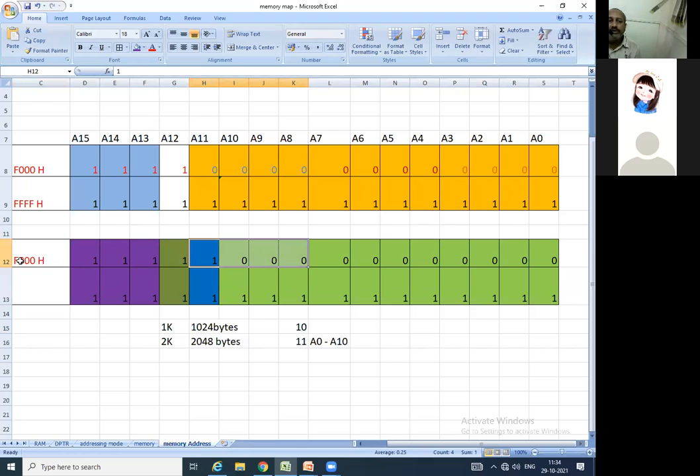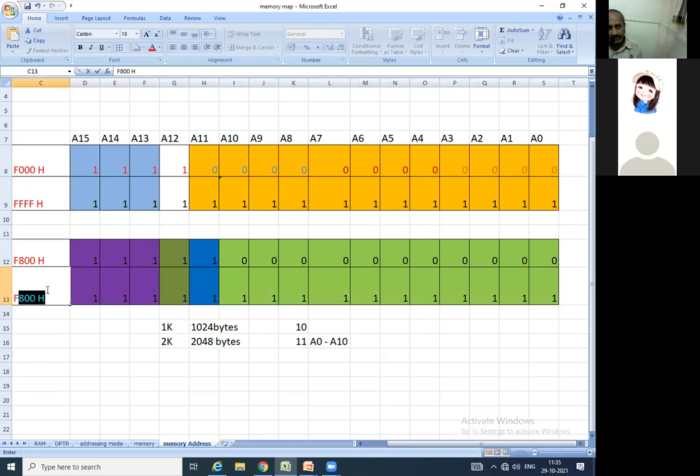Okay, so this was one of the starting addresses given in the poll, F800. Got it, all of you, how it came? And the ending address, if you identify it, will be all ones, as we can see from here.